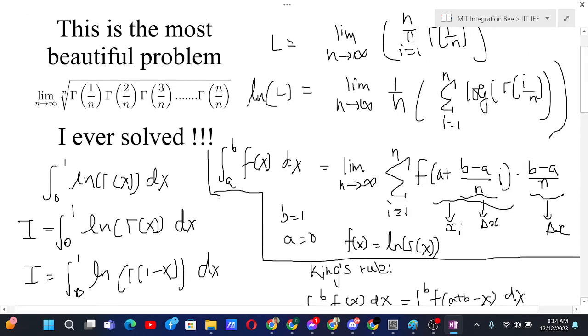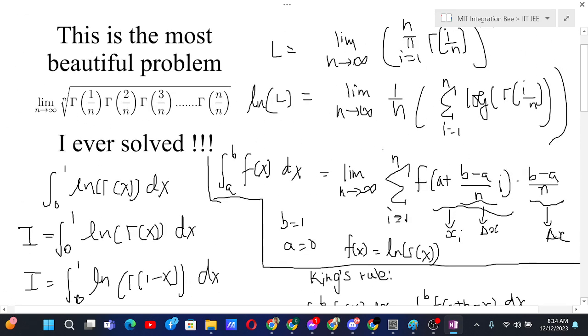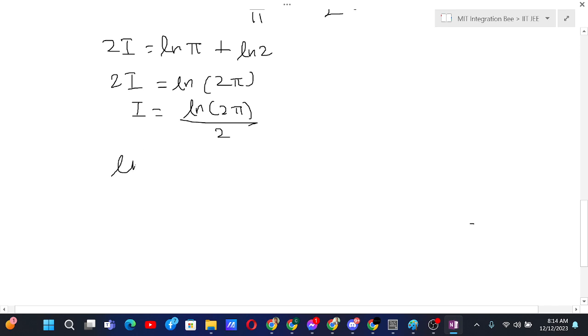Now our I is actually this function. And this function is actually ln of the limit. So this one is actually not the answer. This one is actually ln of the required limit, which is ln 2 pi by 2.